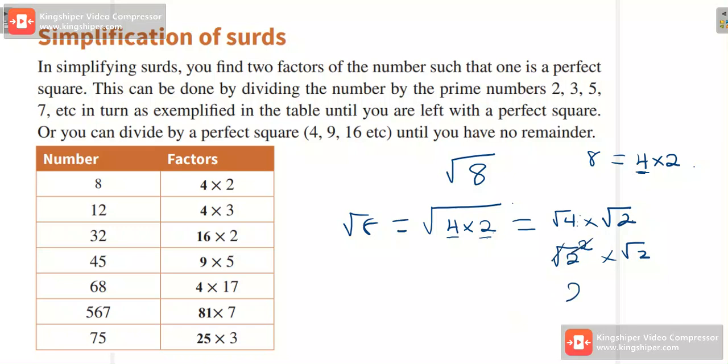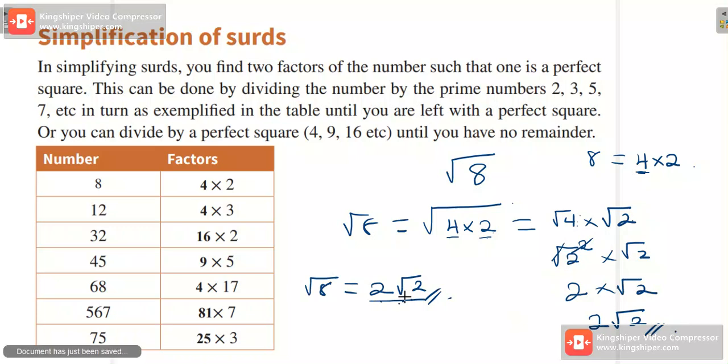So we are left with 2 times the root of 2, and that gives us 2 root of 2. So finally, we have been able to write root of 8 as 2 root of 2. And this 2 root of 2 is the simplified version of root of 8.